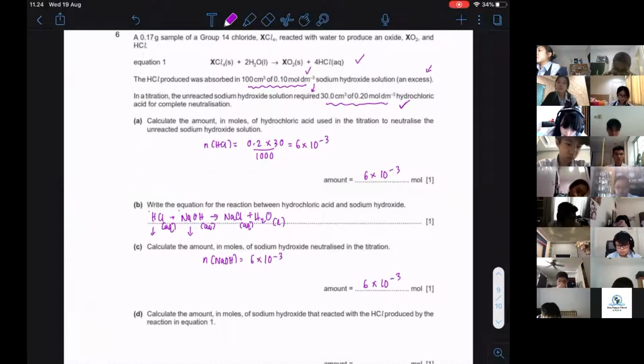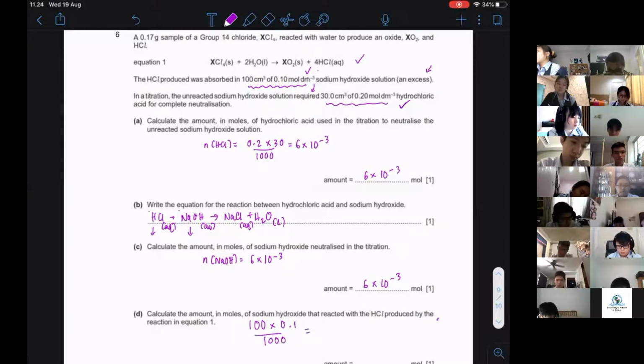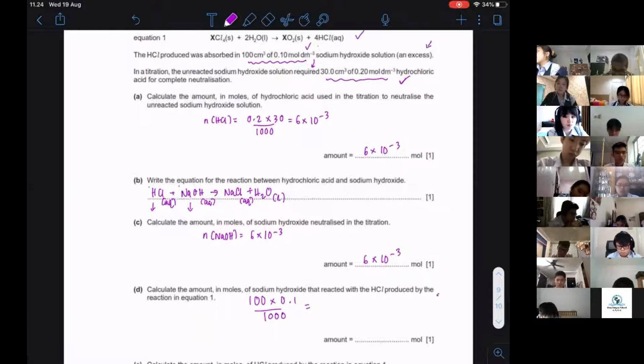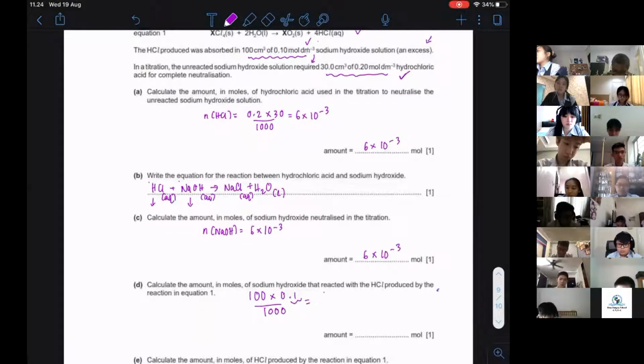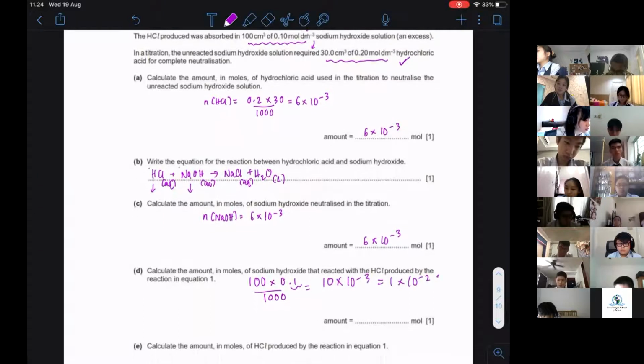So let's actually find out the total number of sodium hydroxide earlier. The total number is 100 times 0.1 over 1000. That's going to be 10 times 10 negative 3, so it's going to be 1 times 10 negative 2 moles.